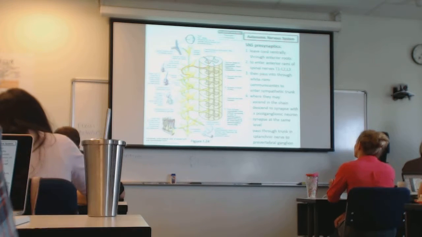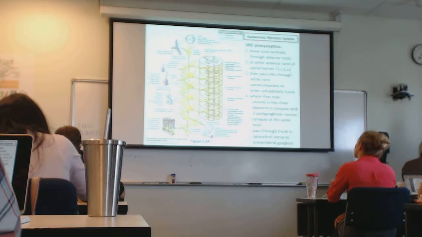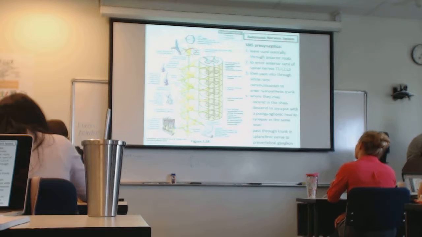And then it goes up the chain ganglia all the way to the SCG, the superior cervical ganglia, where it then could innervate, for example, this would be a carotid plexus, the eye. But what you'll notice is that the synapse occurs in the superior cervical ganglia. It's still part of the chain ganglia.